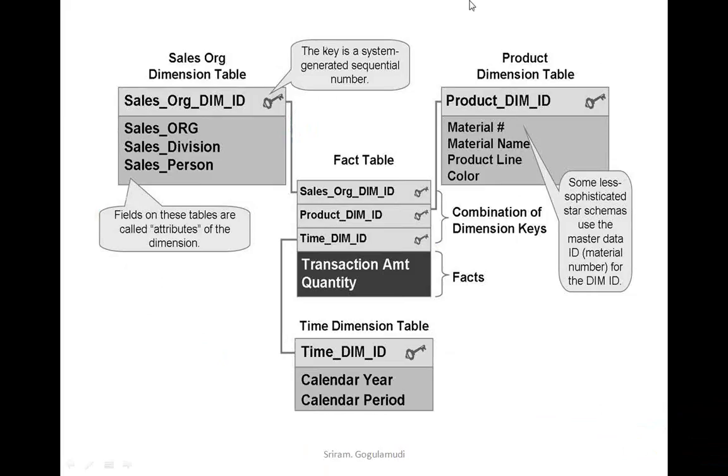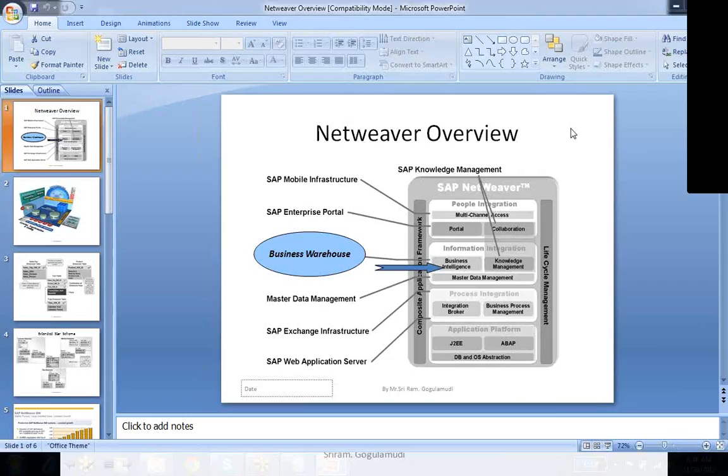So this is what I was telling you. Fact table is surrounded by dimension tables. The fact table is placed with key figures or business facts and surrounded by dimension tables, which hold chars and dimension IDs. The same is maintained in the fact table as a foreign key, which connects your fact table with the dimension table.